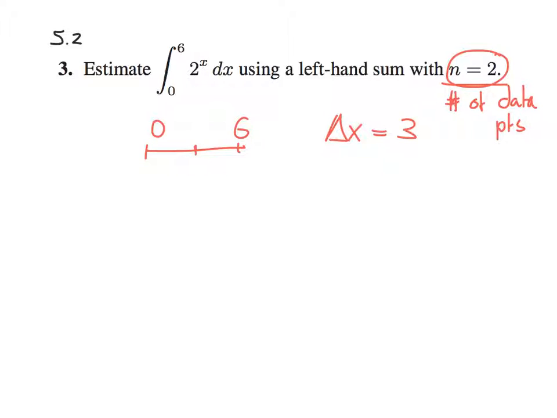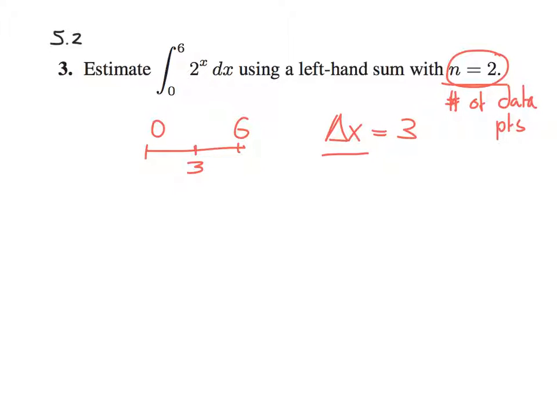Everything equally spaced would have to be delta x equal to 3. So the first thing is to establish delta x or delta t or whatever the name of your variable is. Once you have done that, you go in and take the function values at exactly these points that you're interested in.